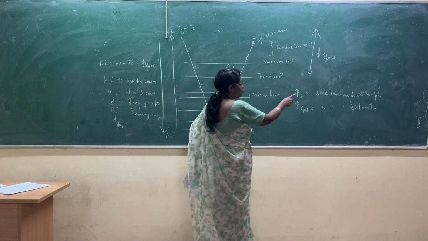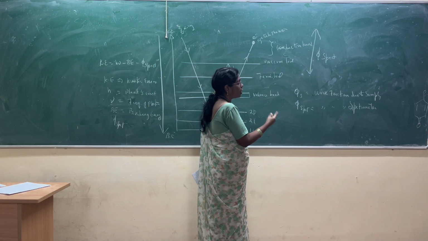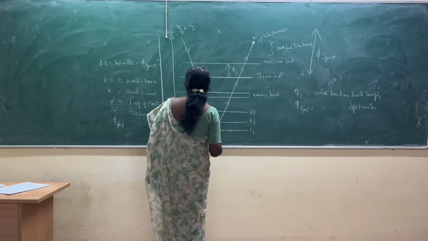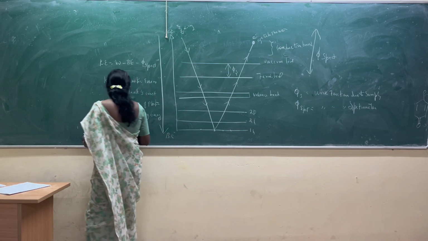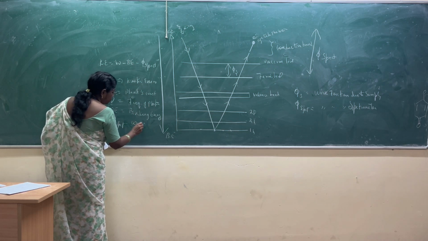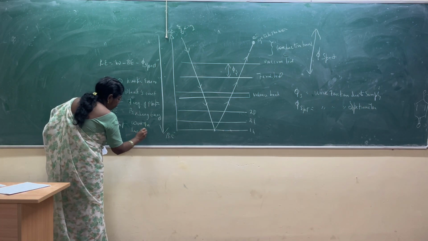So phi sample is the work function due to the sample and phi spectrometer is the work function due to the spectrometer. So there are two phis.